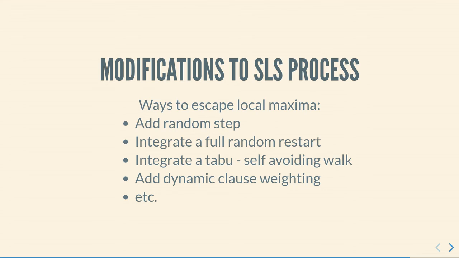Another way of throwing a spanner in the works is called dynamic clause weighting, which over time increasingly prioritizes clauses that are perpetually unsatisfied, though that won't necessarily solve the problem. But there's lots of stuff that we can do to the SLS process to make it more competitive. Still, there are some major differences in paradigm between backtracking search and stochastic local search.